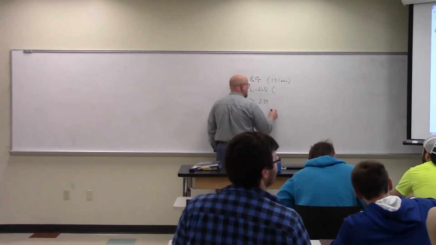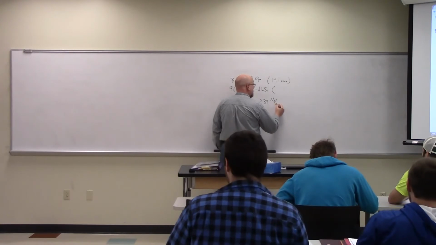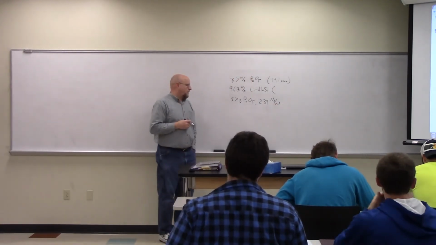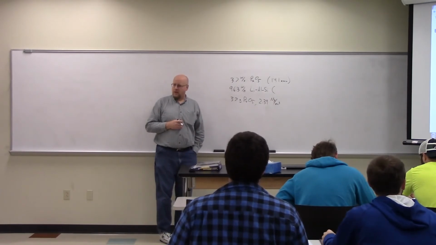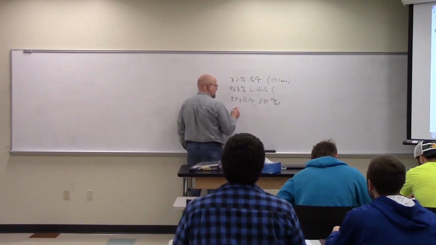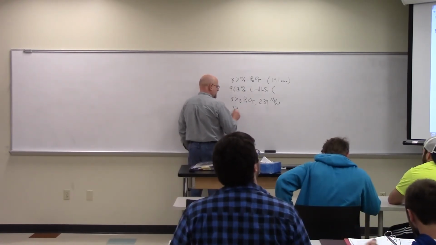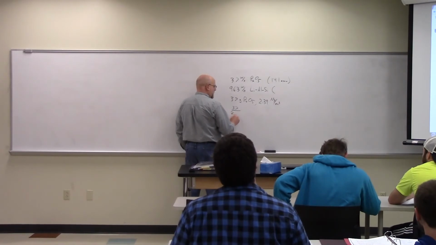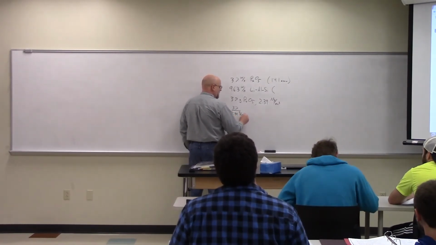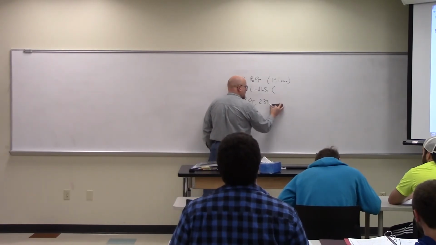So I take 37 and divide it by 2.39, using grams per cubic centimeter because I prefer to use common numbers.